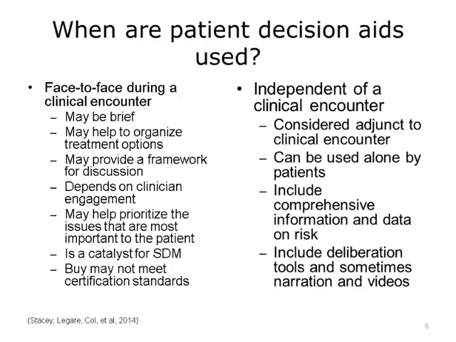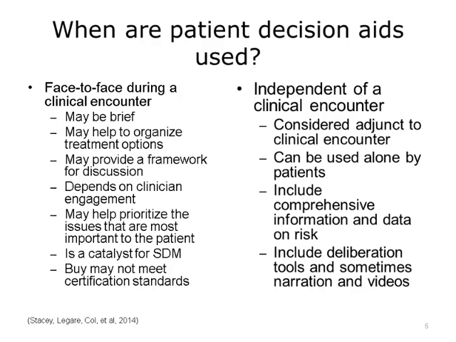Other patient decision aids can be used independent of a clinical encounter. Although these decision aids are considered adjunct to the clinical encounter, many designs of decision aids can be used alone by patients. These decision aids often include comprehensive information and data on risk of options.